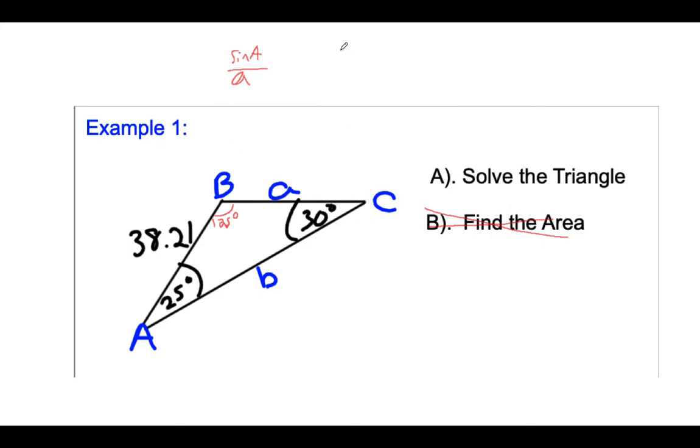So if we do sine of C over little c, that would be sine of 30 degrees over, well, its opposing side is 38.21, equals, now we get to choose which one we're solving for.